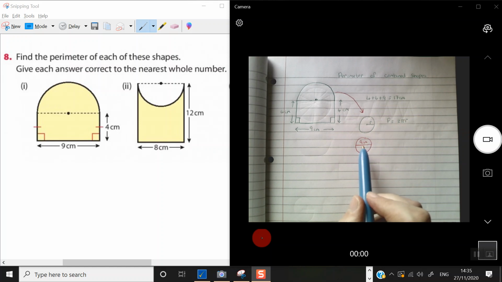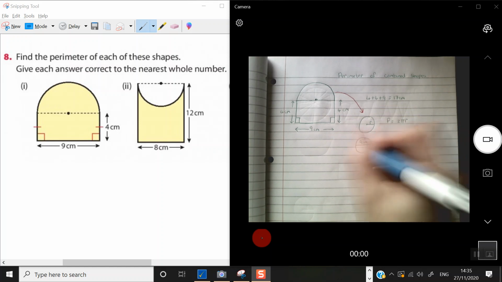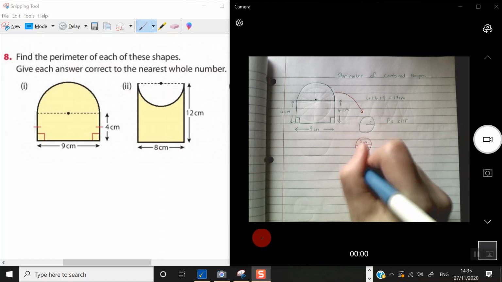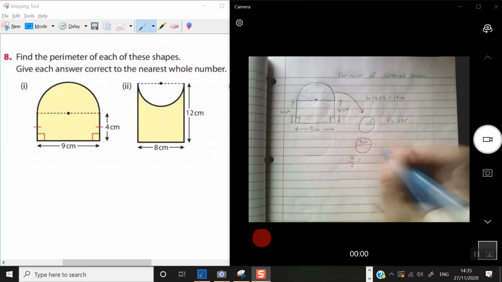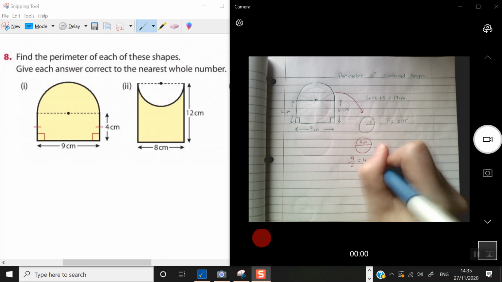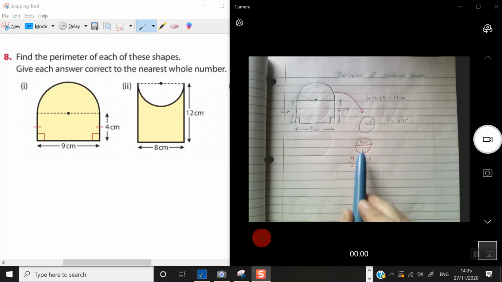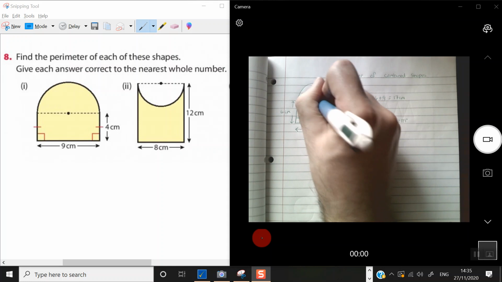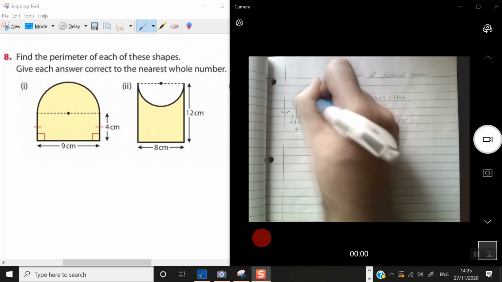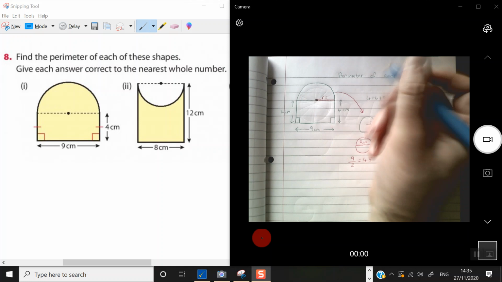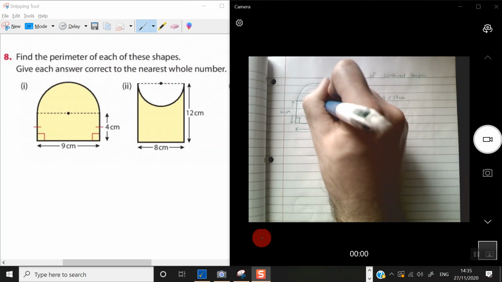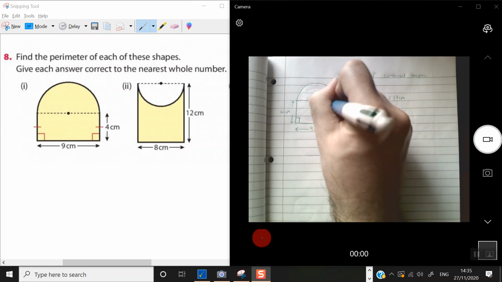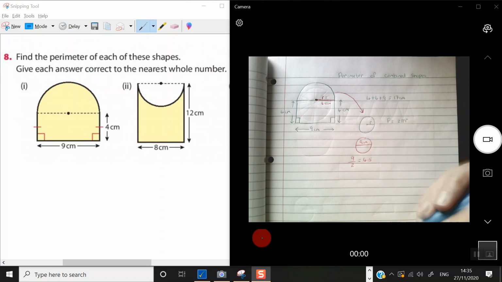So what's half of 9 centimeters? It's 9 divided by 2, which is equal to 4.5. So the radius, the distance from here to here, is equal to 4.5 centimeters.